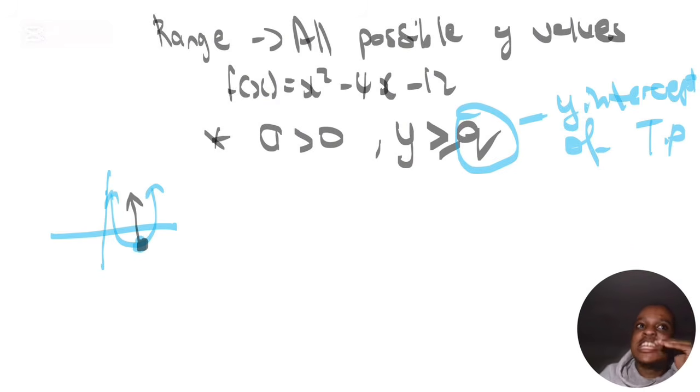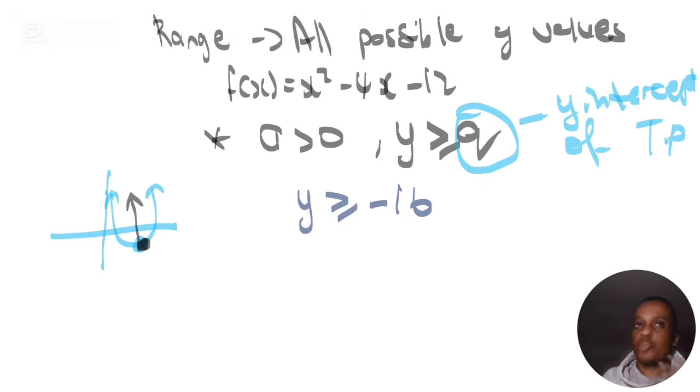So it starts there and it includes it, because this is the turning point. Very, very important. So when a is greater than 0, in this case the range will be y is greater than or equal to negative 16, right? So that is your range.